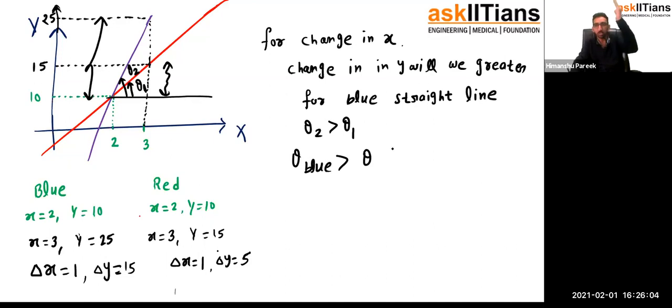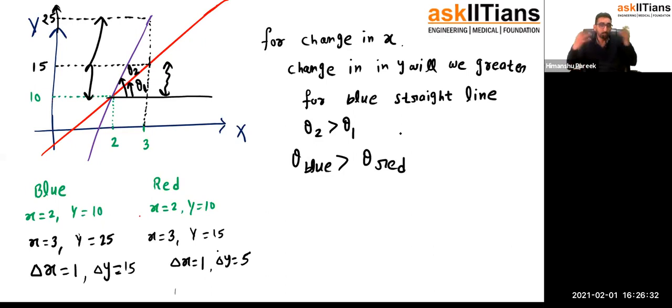It's almost inclined towards the x-axis. When the straight line is inclined towards the x-axis, the change becomes less. But when the straight line is inclined towards the y-axis, the change is more. So that's what represents the slope: the change in the value of y with respect to the change in the value of x. I hope this point is clear to you, right?